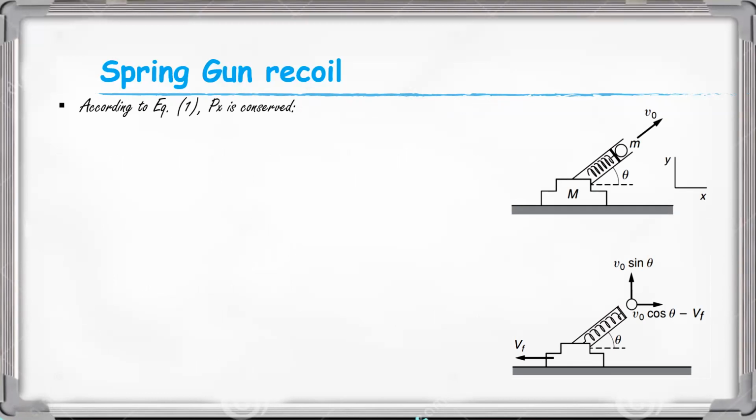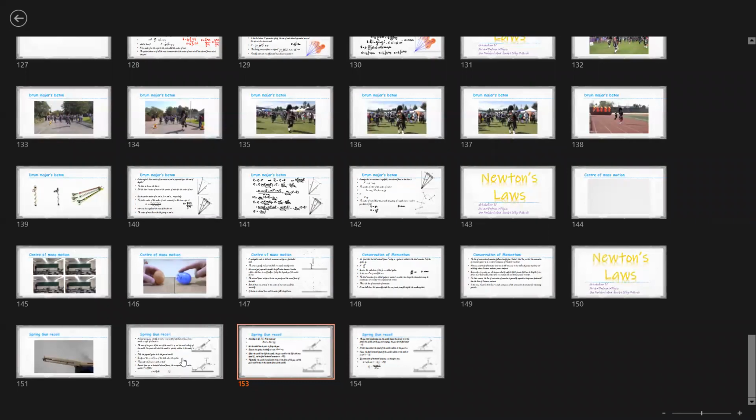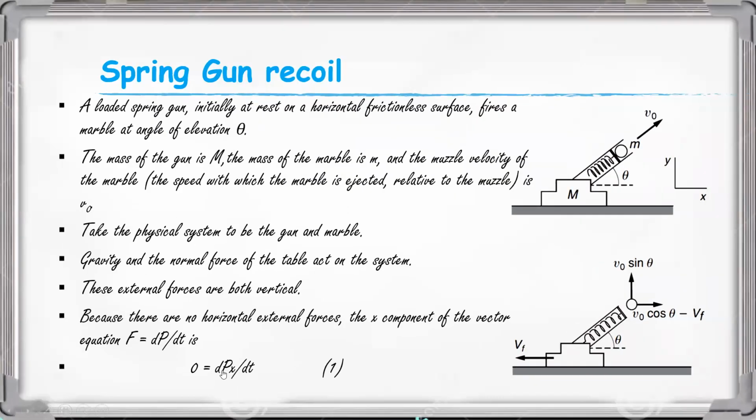So from the above expression, we can say that px is conserved because dpx divided by dt is equal to 0. If the time derivative of a quantity is equal to 0, then that quantity is conserved, or remains constant.